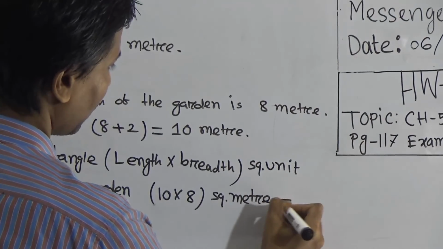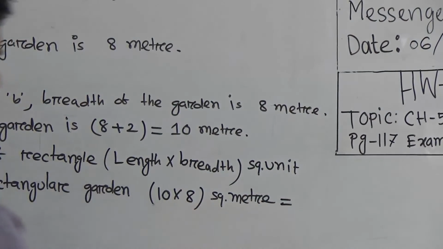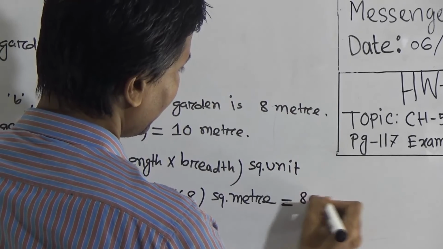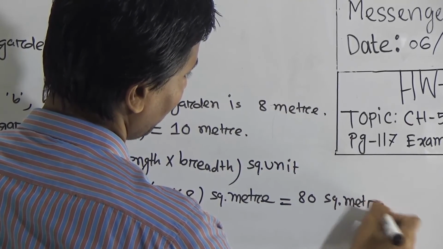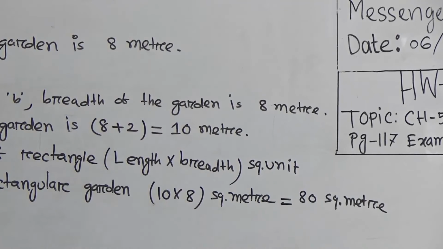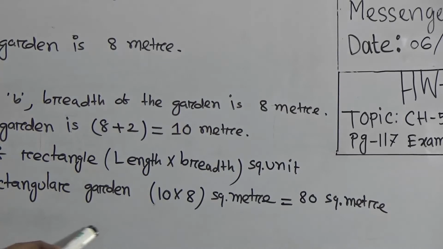This means 10 into 8 equal to 80 square meter. You see, area of the rectangular garden is 10 into 8 equal to 80 square meter.